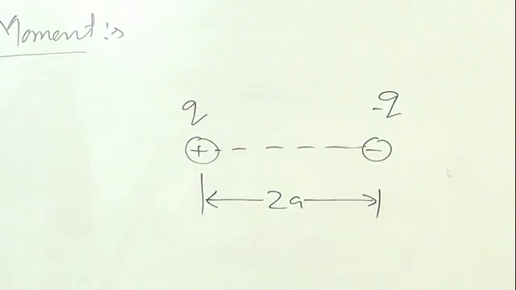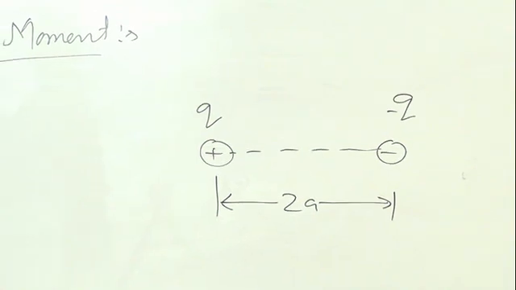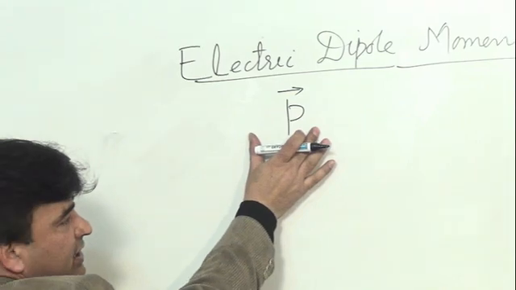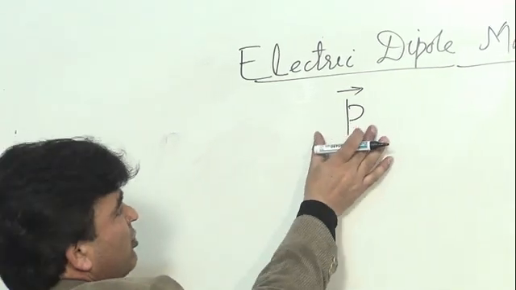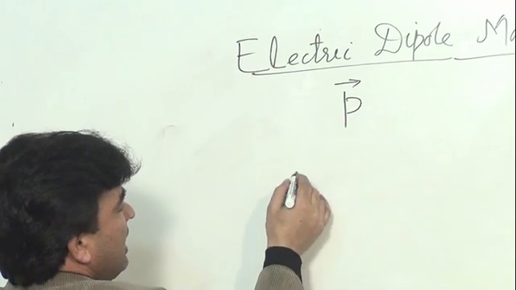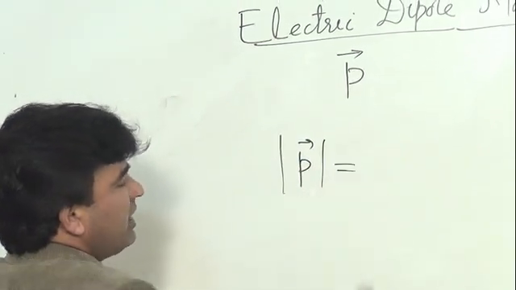The electric dipole moment, represented by the small letter p, is also a vector quantity having magnitude as well as direction.